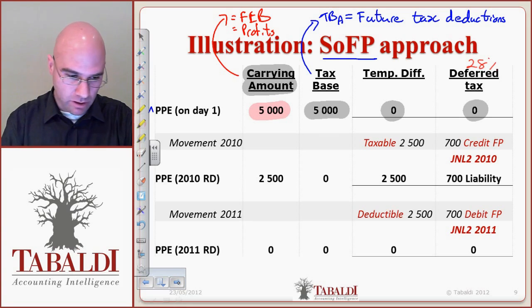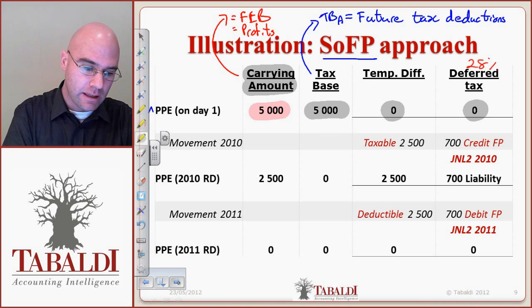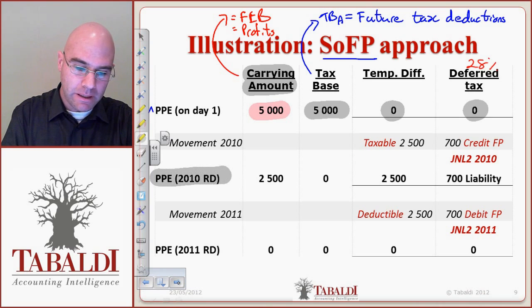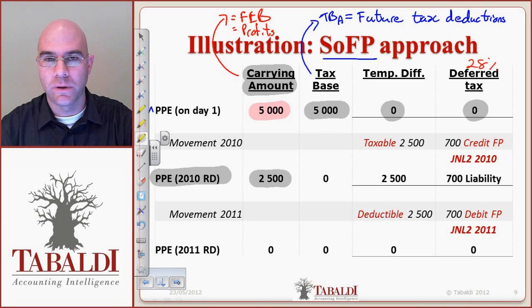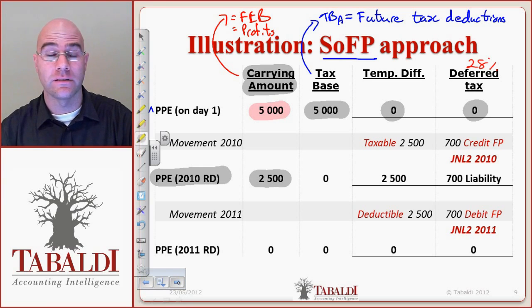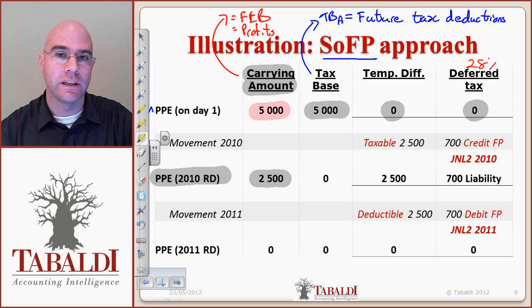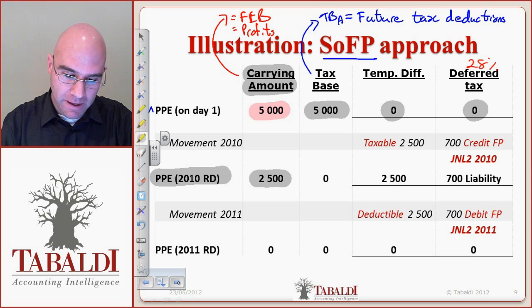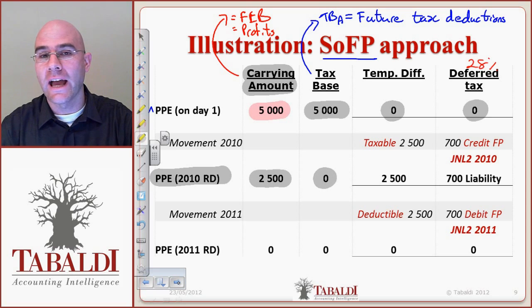Now, ignoring the movement column, let's have a look next at the balance of the PPE at reporting date 2010. At reporting date 2010, I have depreciated this 5,000 Rand asset by 2,500 Rand. Therefore, I have 2,500 Rand left of future economic benefits. The tax base, however, well, we got 100% capital allowance in the first year. Therefore, I've got no future tax deductions remaining.